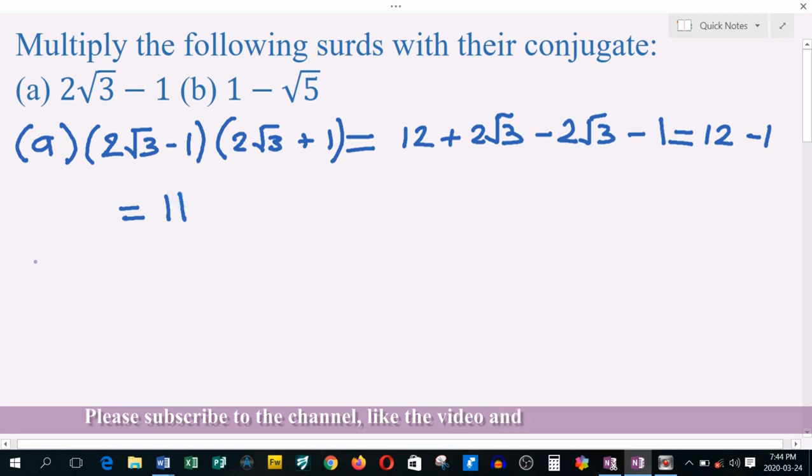B, 1 minus root 5 multiplied by its conjugate. The conjugate is 1 plus root 5.